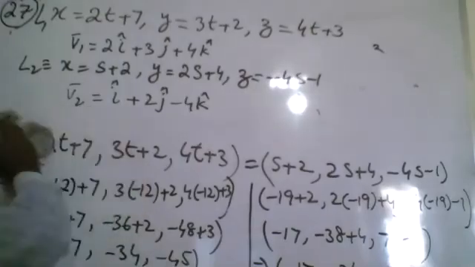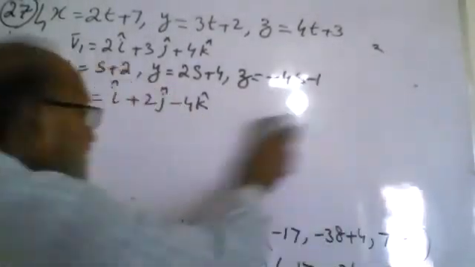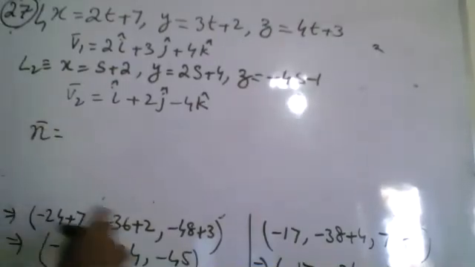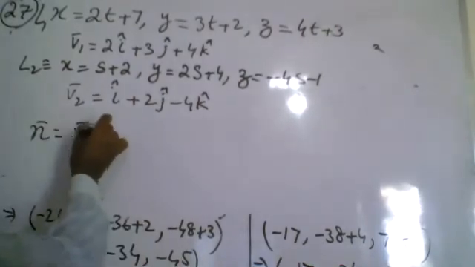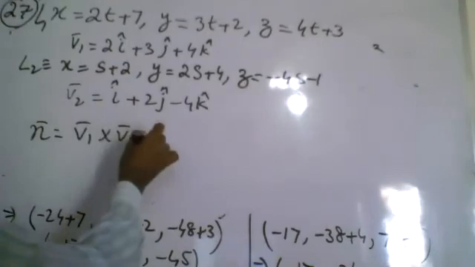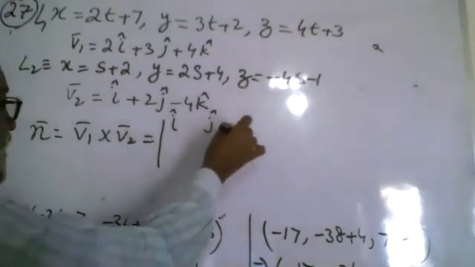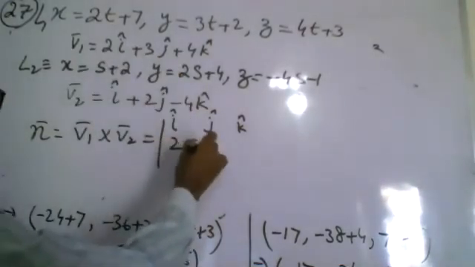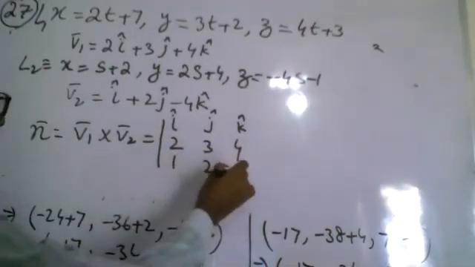So N will be equal to v1 cross v2. i, j, k; v1 is 2, 3, 4; v2 is 1, 2, minus 4.